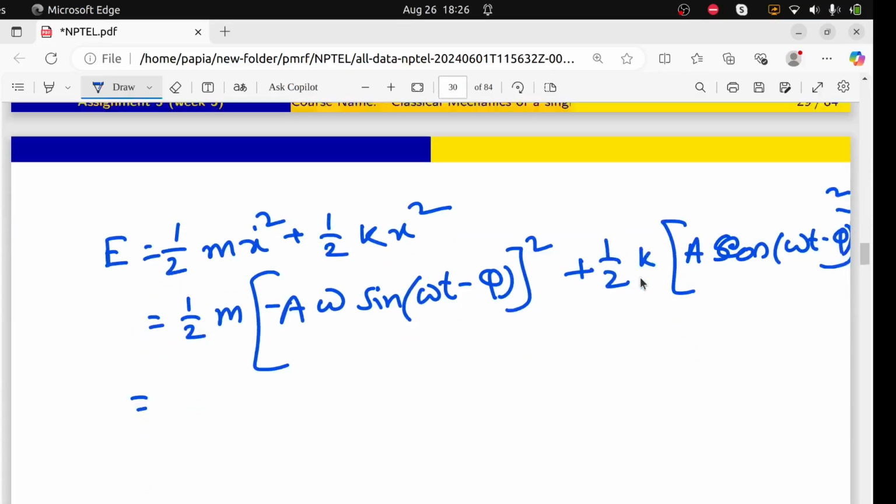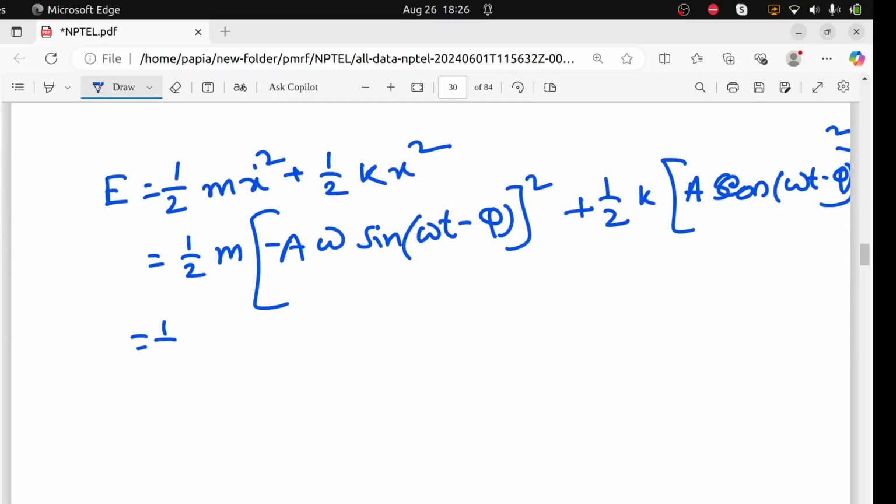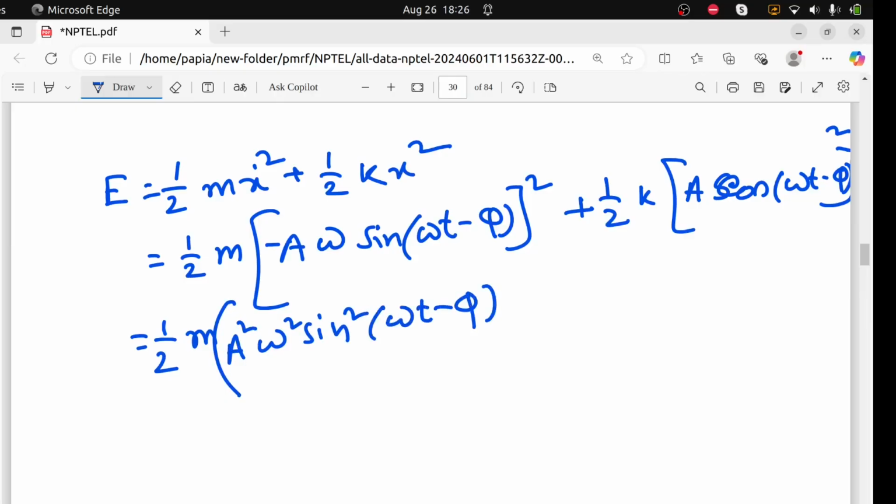So the answer will be half m A square omega square sin square(omega t minus phi) plus half k A square cos square(omega t minus phi).